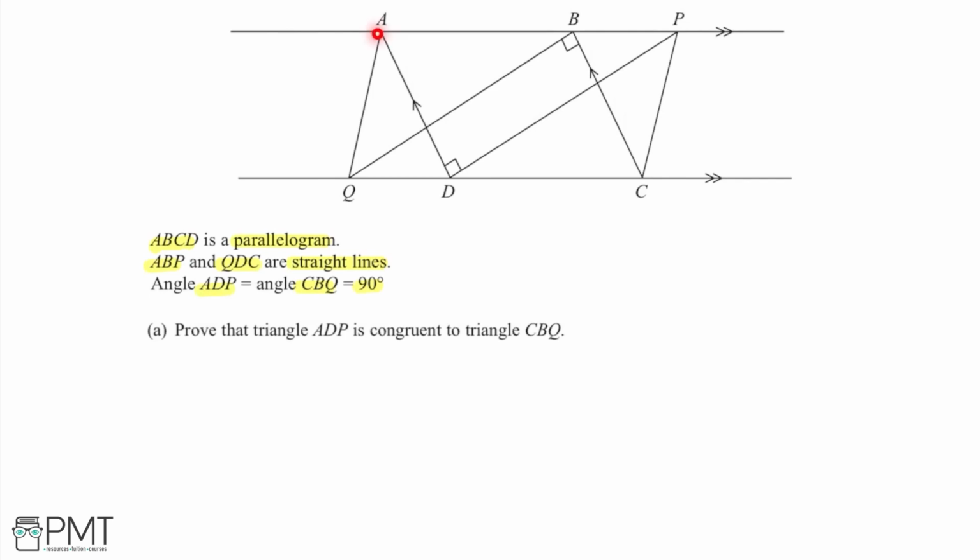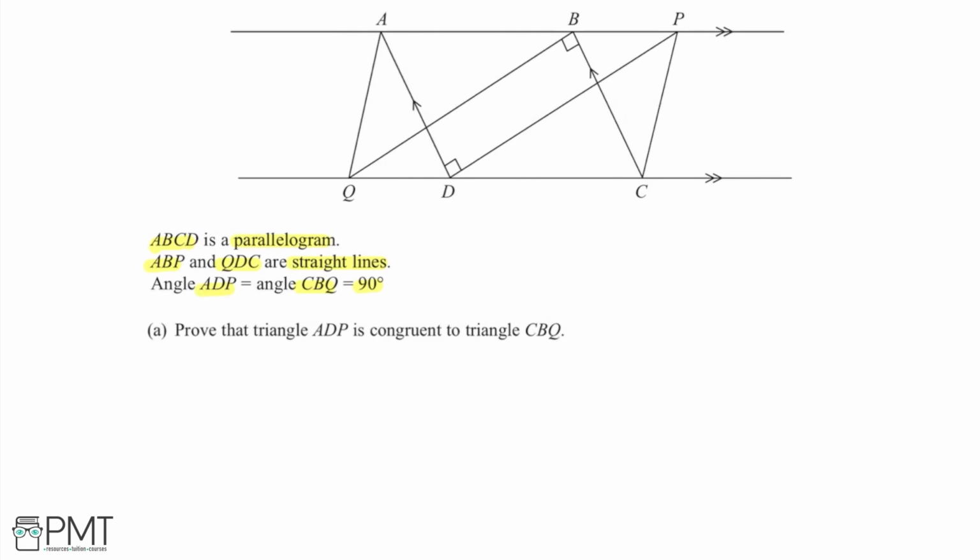And we're also told basically that AB is parallel to DC, but ABP is a straight line and QDC is also a straight line. So if AB is parallel to DC, ABP, this whole line here, is parallel to this whole line here, and that's denoted by these two little arrows. There's two here just to show that these two lines are a different set of parallel lines that aren't parallel to the other set.